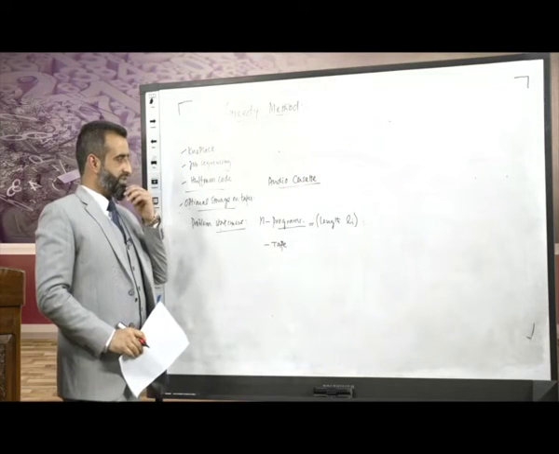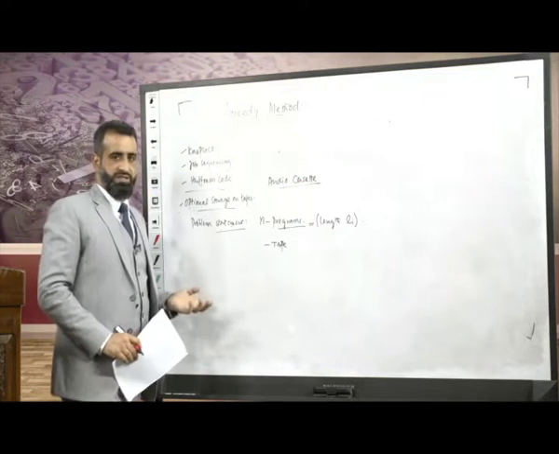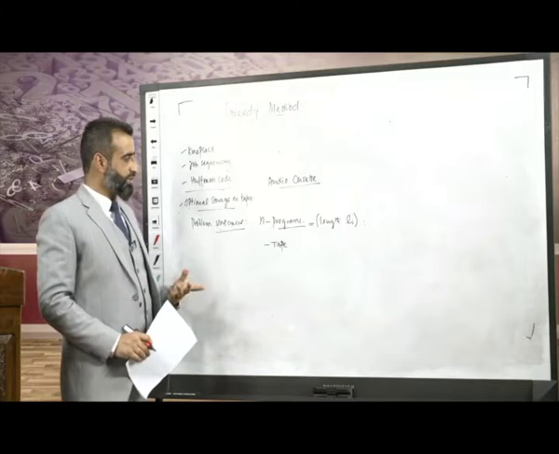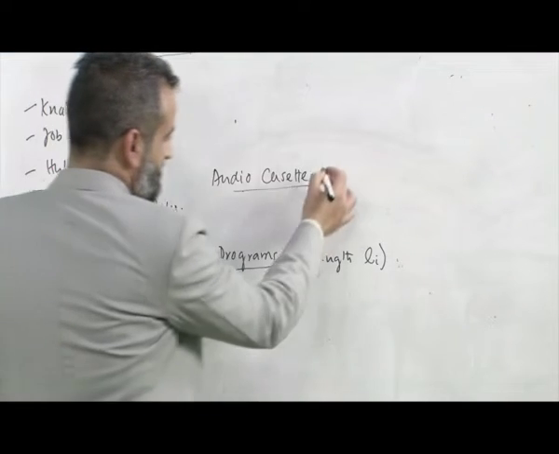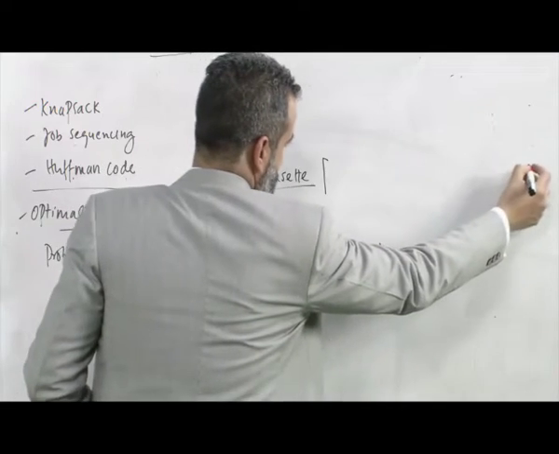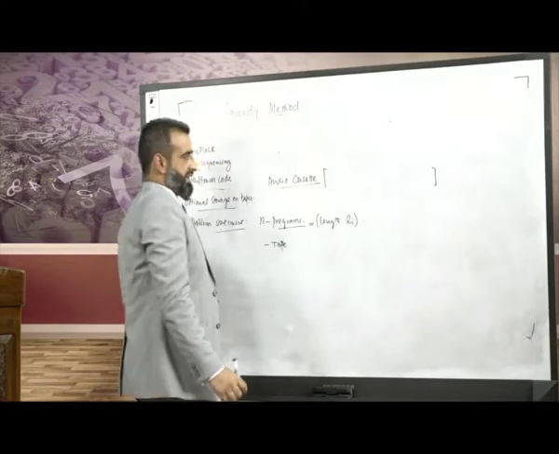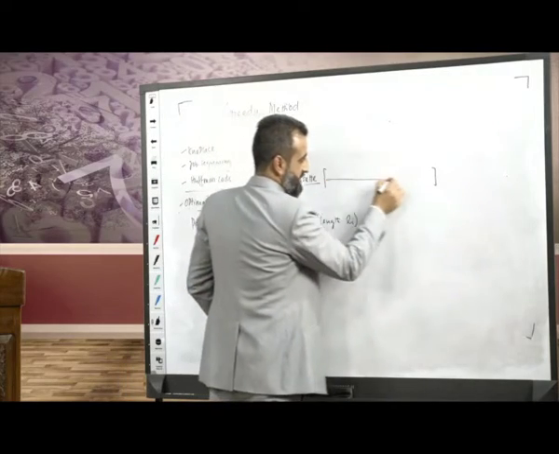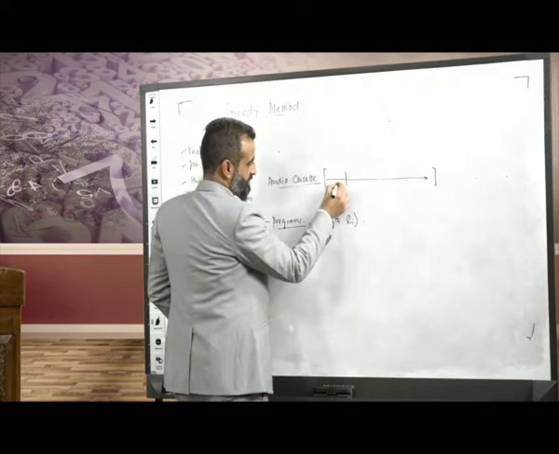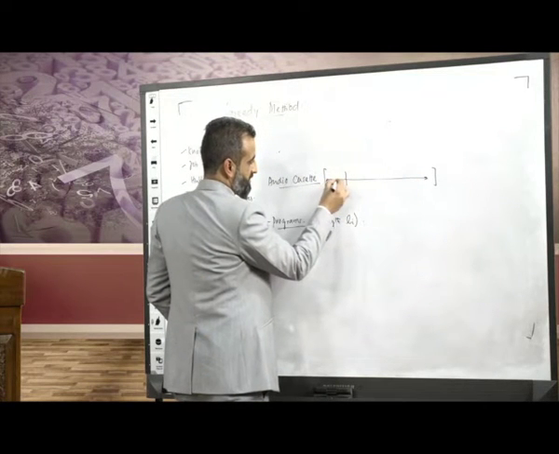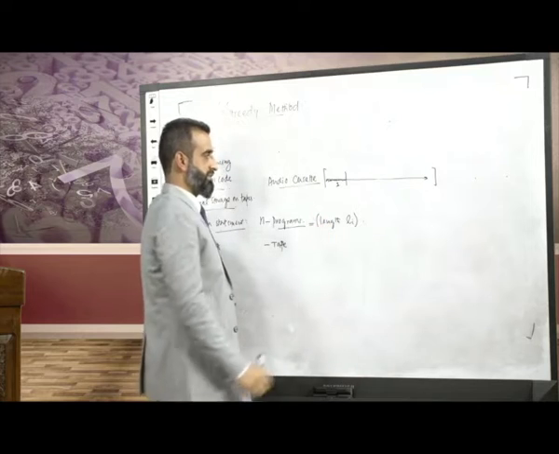Unlike today's CDs or DVDs, which have random access, if this is my audio cassette or a magnetic tape, and I have to store my programs on it, every such program has a certain length. So this is my program 1 that's stored on this much portion of the tape.